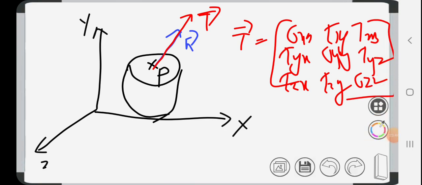So this is our normal way of writing the components, or the state of stress, for a particular point P.